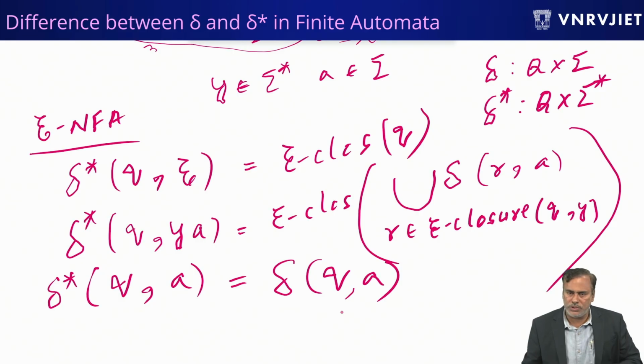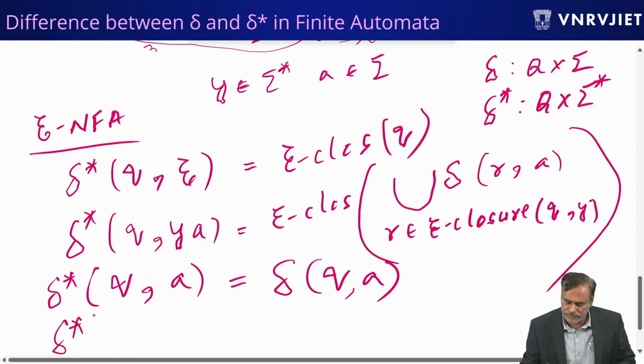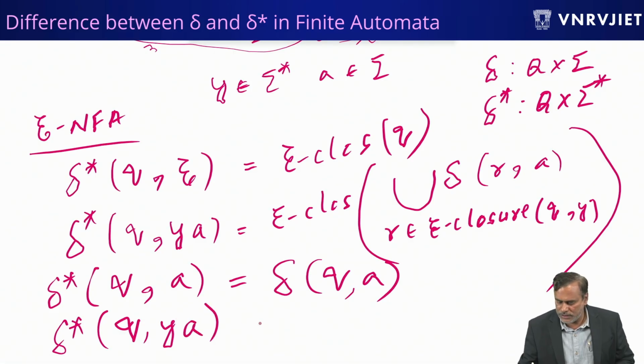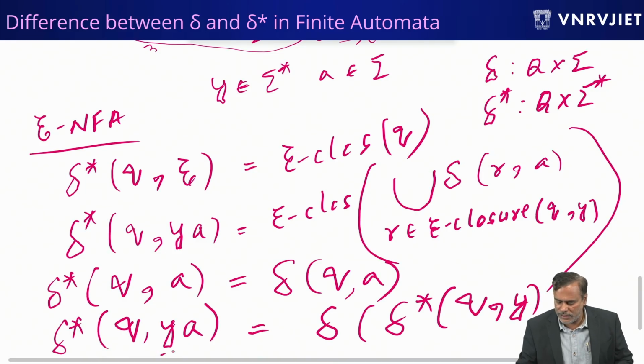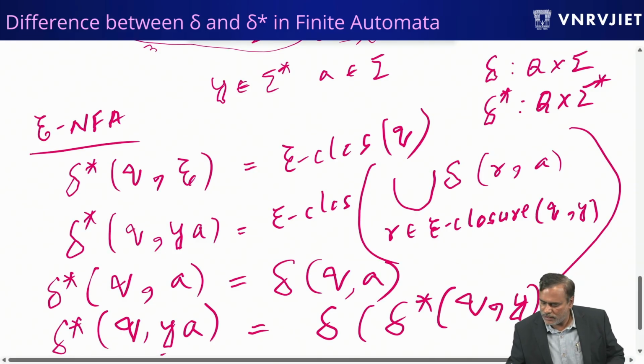But if you have two or more symbols, for example delta star of QYA, you have to find first delta star of QY, and after that, find for A.